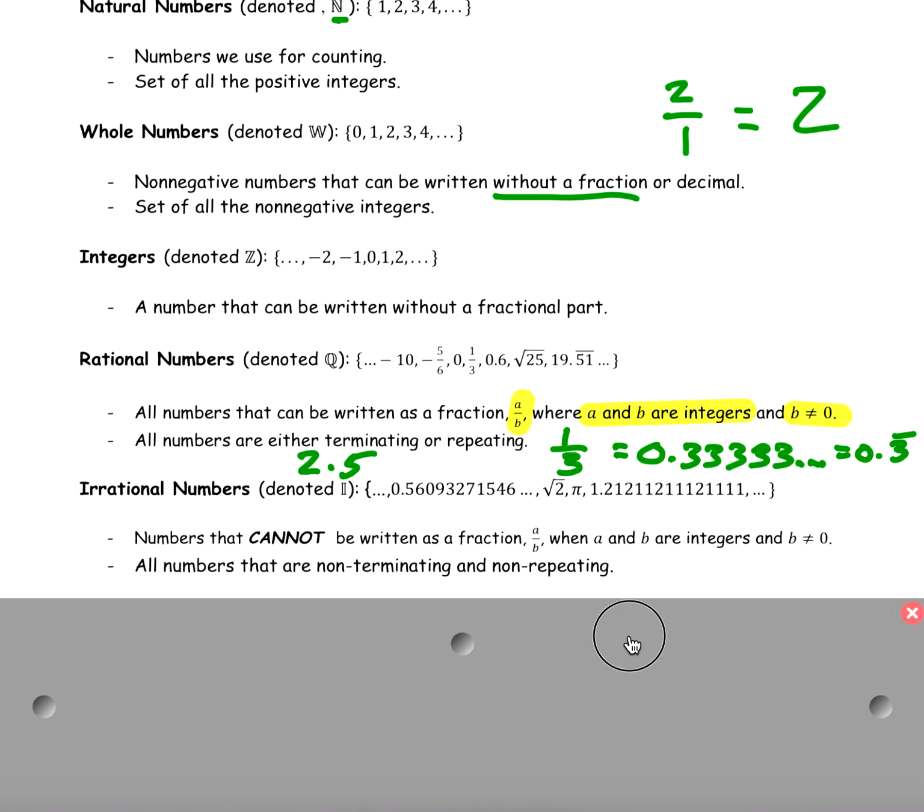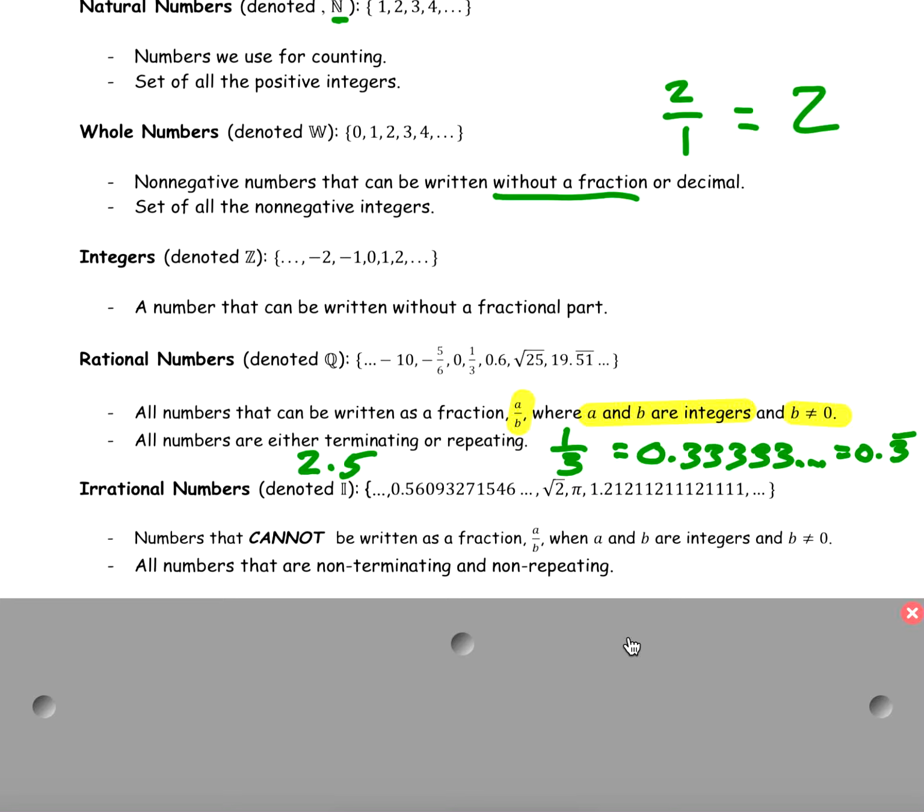Irrational numbers are numbers that cannot be written, so it's the opposite of a rational number. It's a number that cannot be written as a fraction, a over b, where a and b are integers and b is not equal to 0. Another definition: you can think of it as all numbers that are non-terminating and non-repeating. You have to say both, because if it's non-terminating, it could be repeating like 1 over 3.